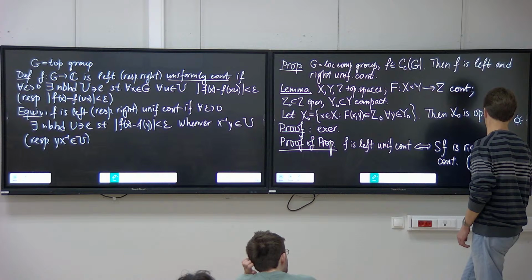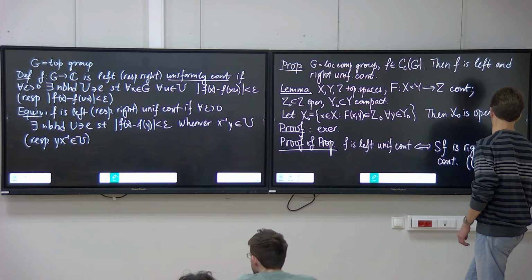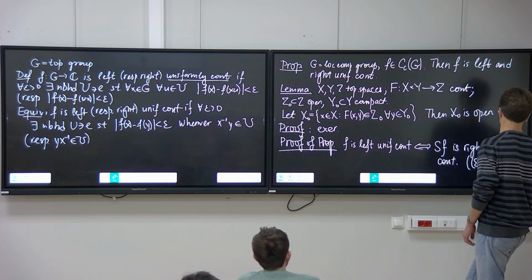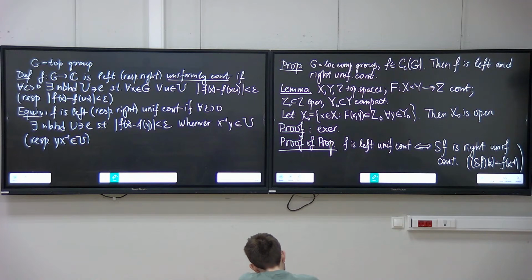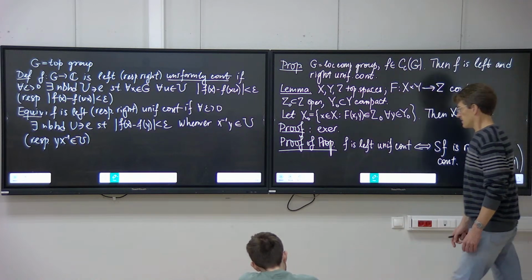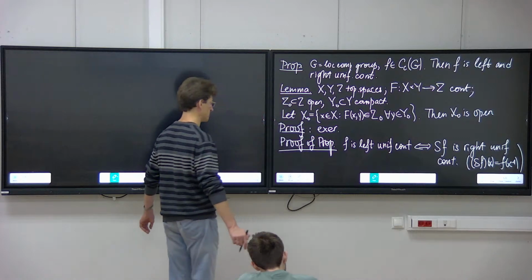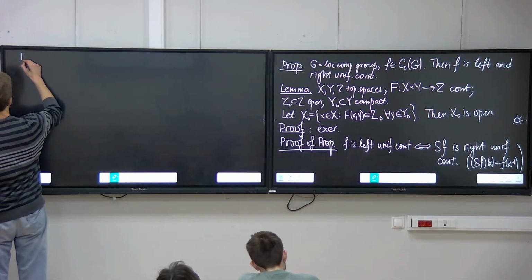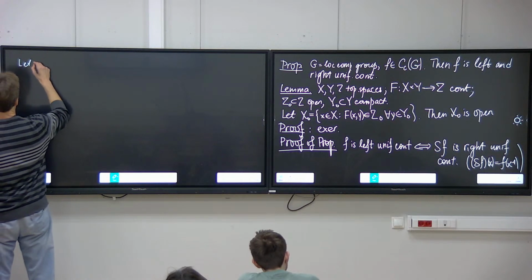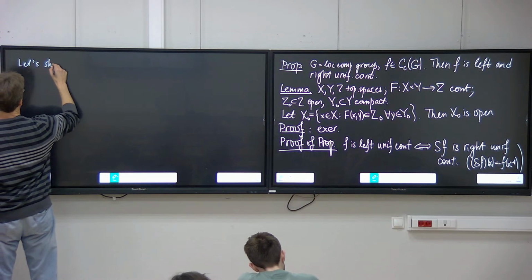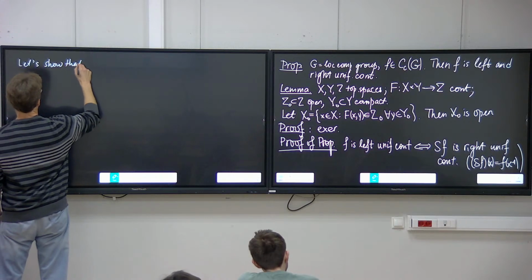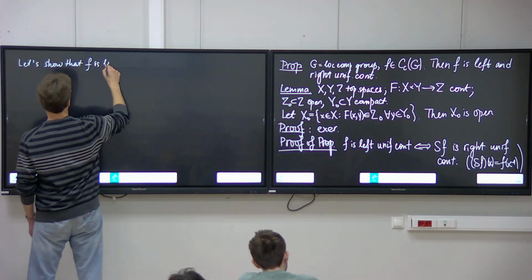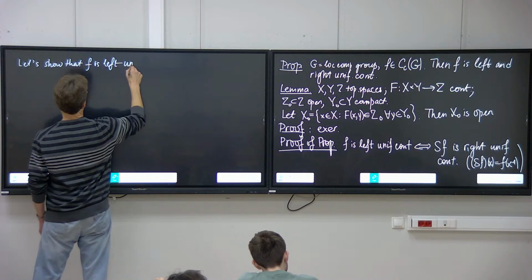Here sf of x is f evaluated at x inverse. This is clear from the definition. So we see that it suffices to prove that f is left uniformly continuous. Let's show that f is left uniformly continuous.